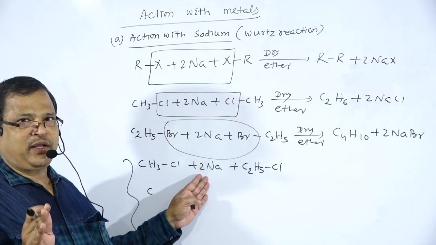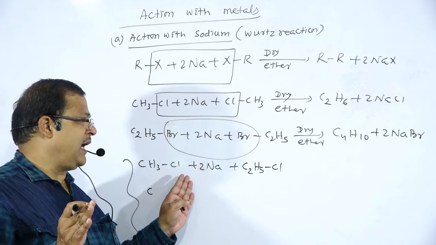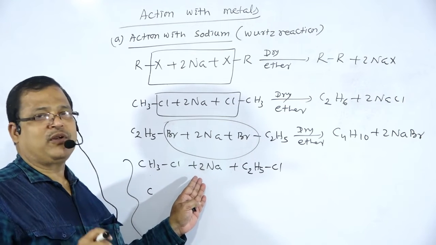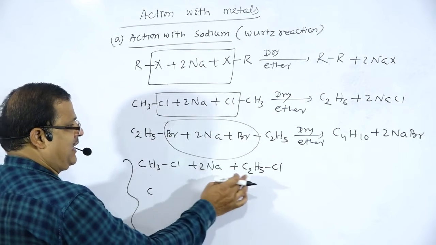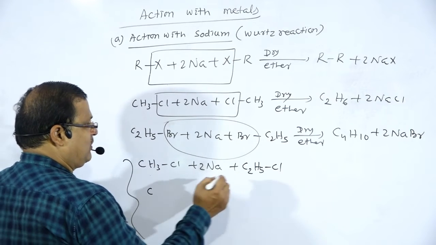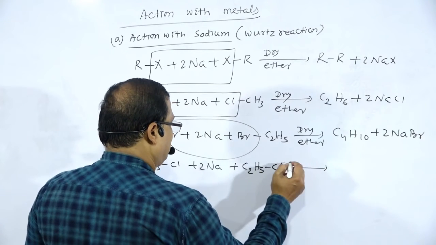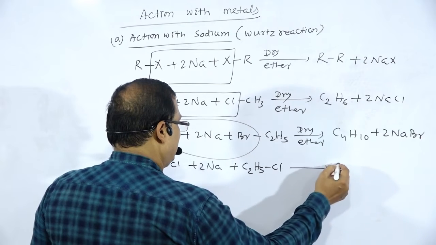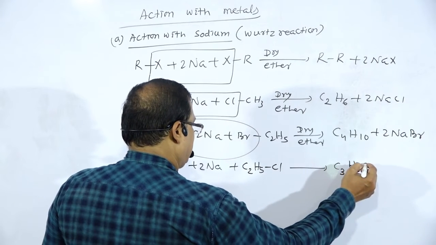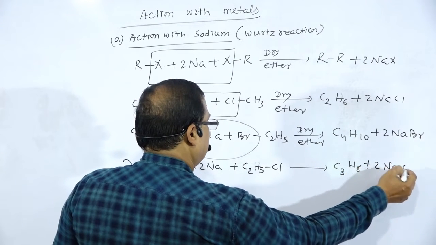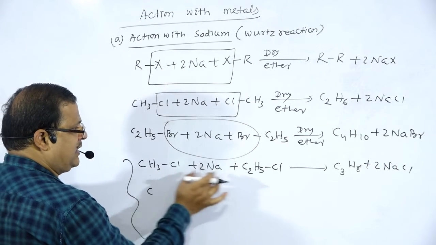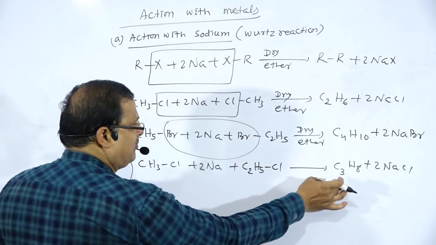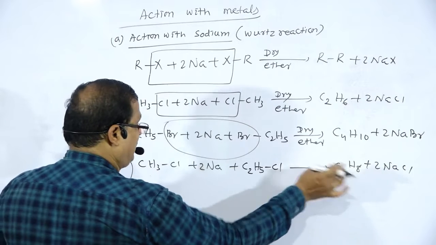Methane cannot be prepared, and alkanes containing an odd number of carbon atoms cannot be prepared, because if you take different kinds of alkyl halides, what will happen? C3H8 plus 2NaCl is formed. Similarly, methyl chloride reacts with ethyl chloride to form propane.